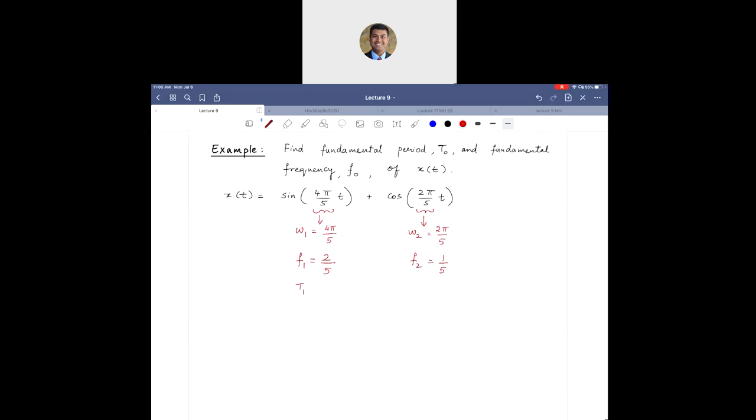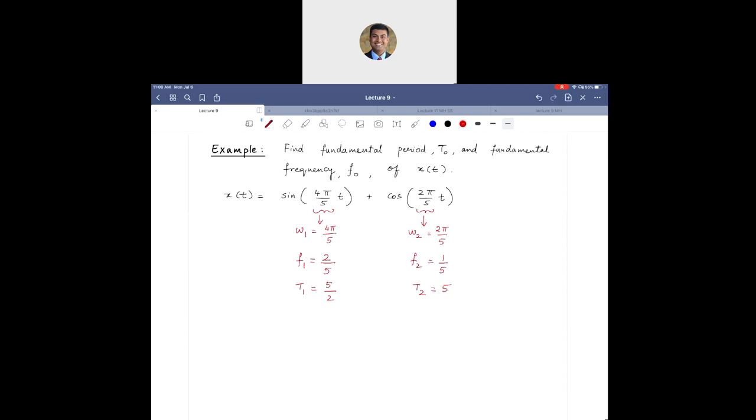Quickly we can write T1 as 5 divided by 2, and T2 is 5 divided by 1, so simply 5. All right, so I found the time periods of those individual periodic signals, T1 and T2.